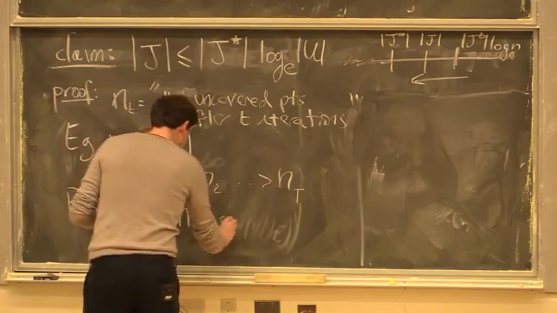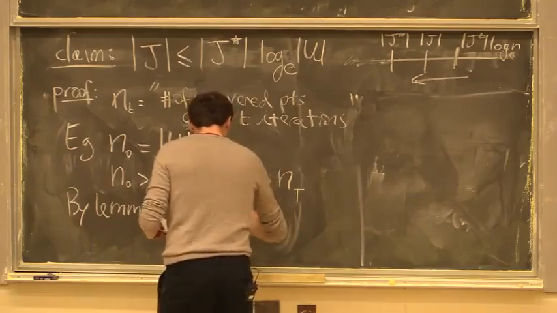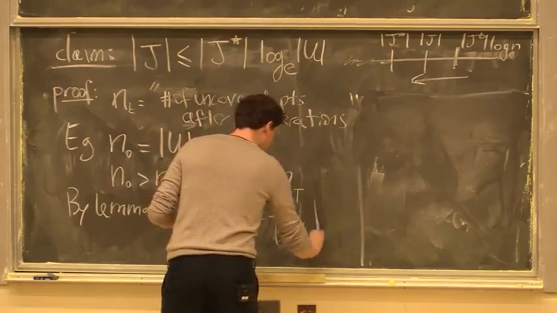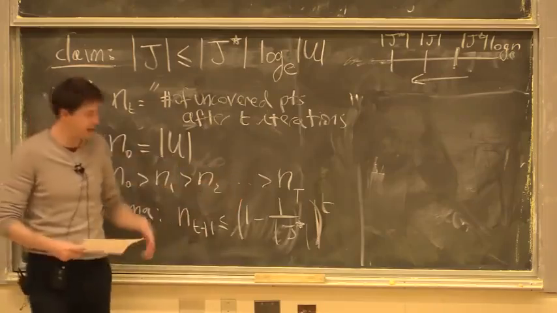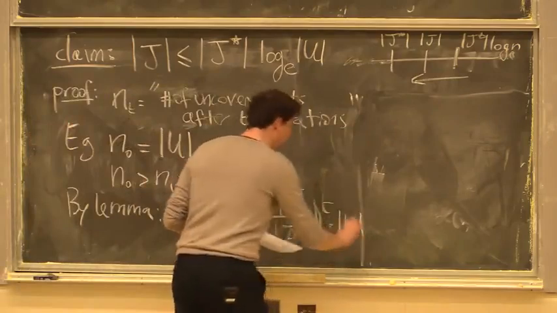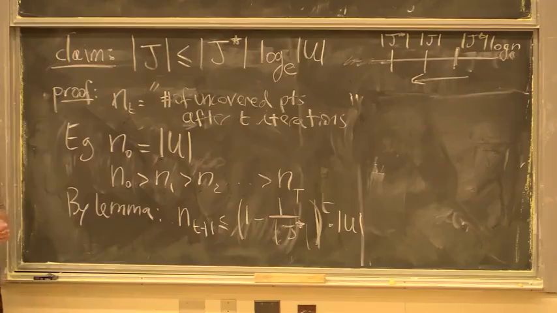nt plus 1 is less than or equal to 1 minus 1 over J star, to the t, because I just keep unraveling the recursion. And then I have a times u when I get to the end, because that is my n0. Okay?